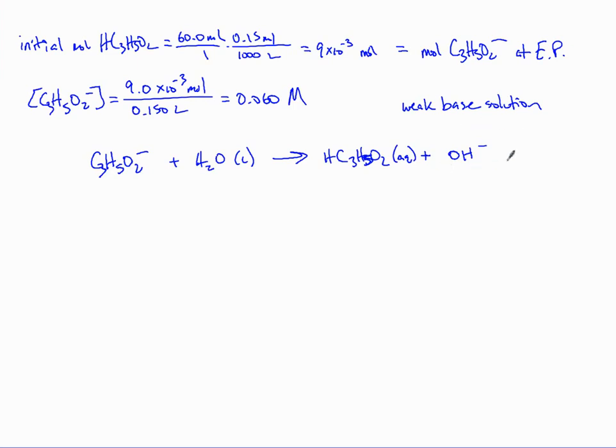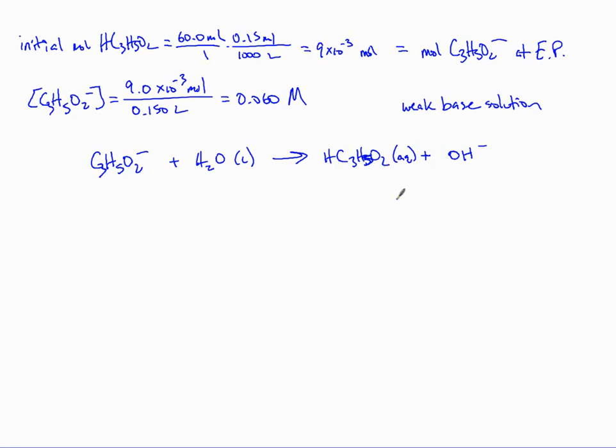And this hydroxide is why the propanoate is acting as a weak base, because propanoic acid is very weak. And so you don't want a solution just full of propanoate. It's going to start pulling the hydrogens.